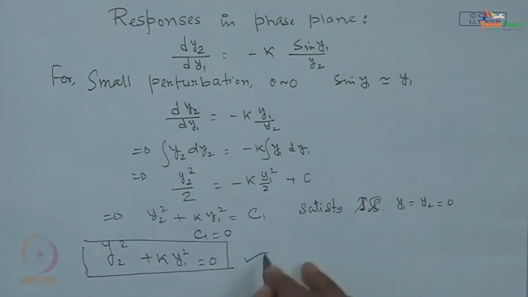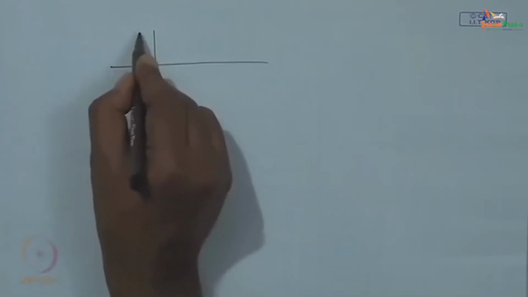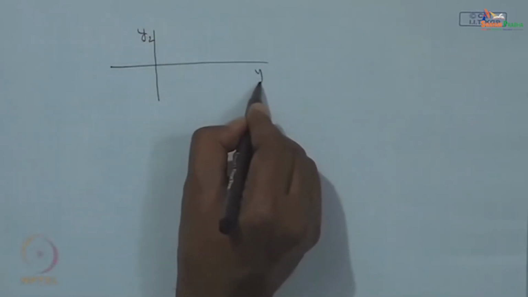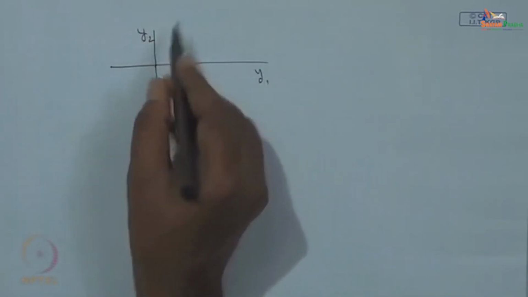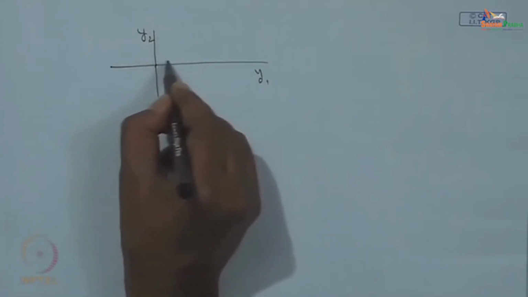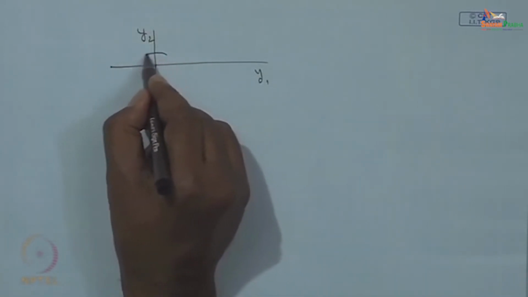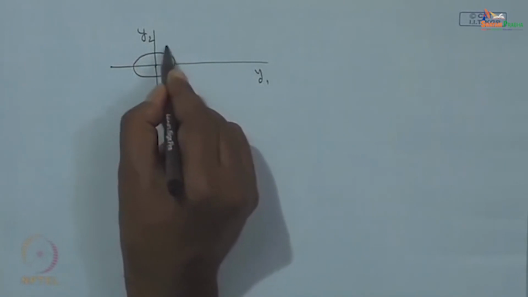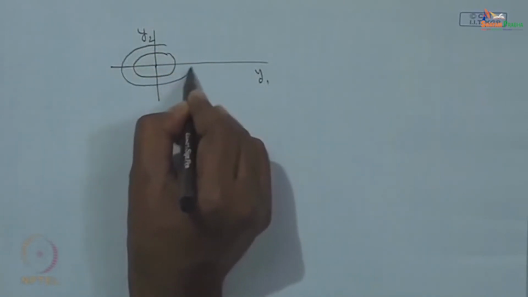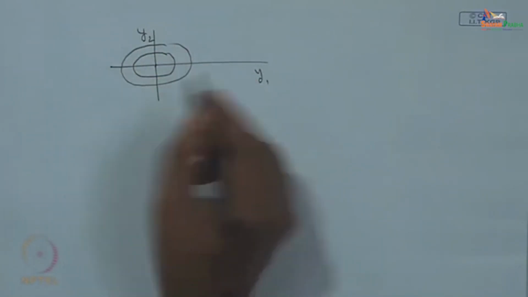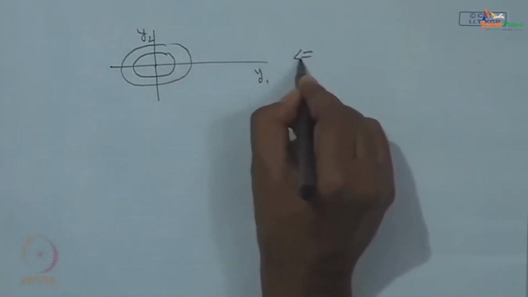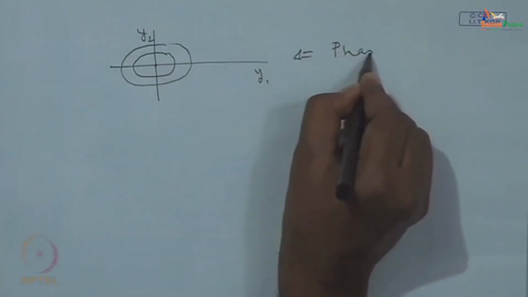Now, if you plot this equation, see what we will get. If you plot y2 and y1, we will get concentric elliptical contours for different values of k. So, that will be the response in the phase plane plot.